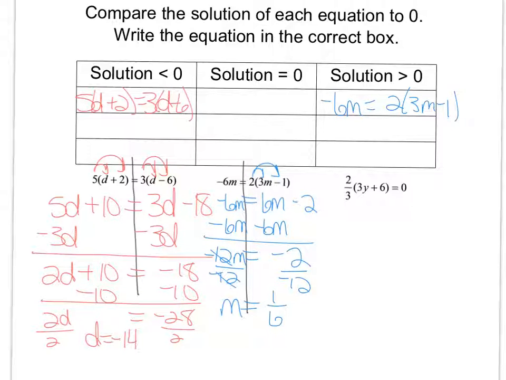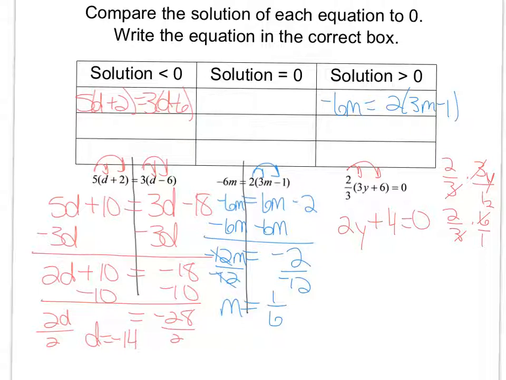Okay? All right, next one. A couple of ways to handle this one. I'm going to do it by distributing the fraction. If I do 2/3 times 3y, my 3's cancel, and I'm left with 2y. If I do 2/3 times 6, I get 4. So I get 2y plus 4 equals 0.